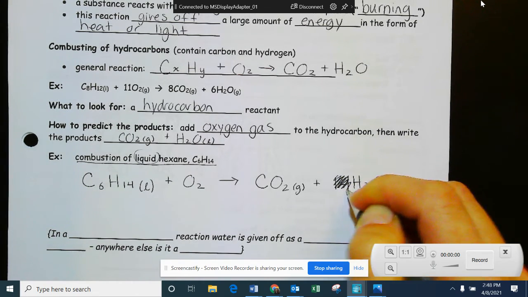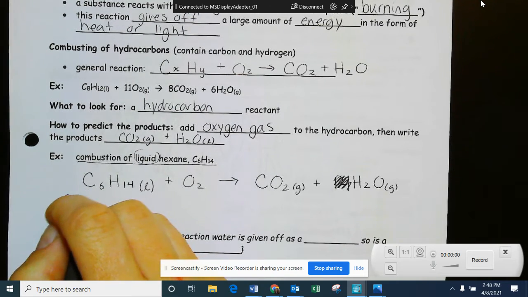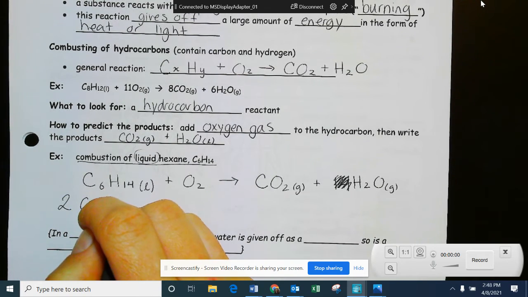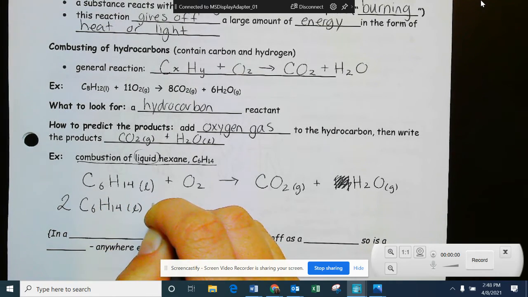Sorry, I was trying to balance it. And H2O gas as our products. Okay, if we balance this, I'm not going to make you guys balance this right now. I'm just going to give you the balanced equation. But just make sure that you are going through and balancing and not just leaving things like this.